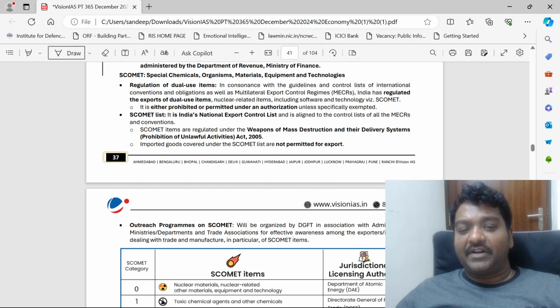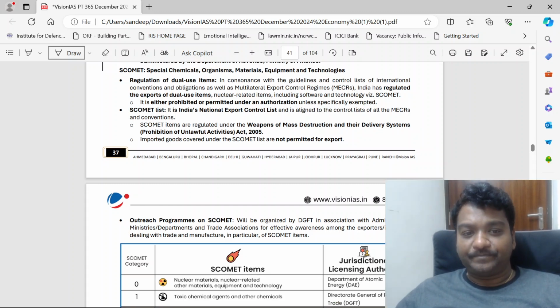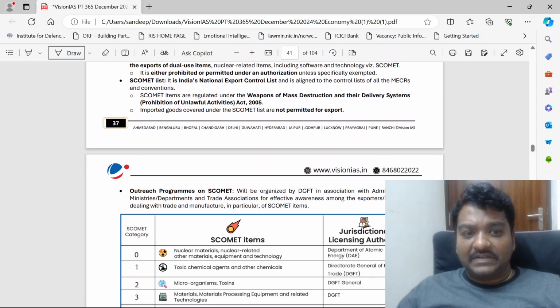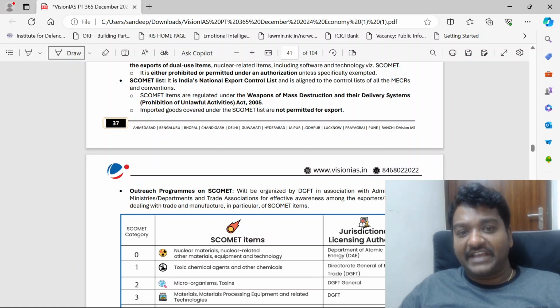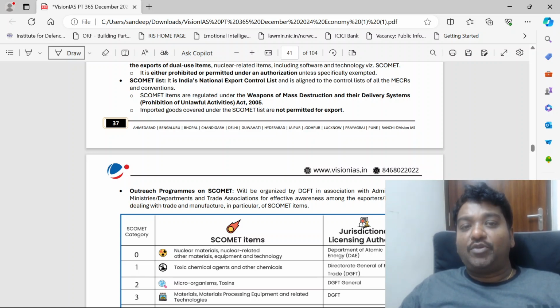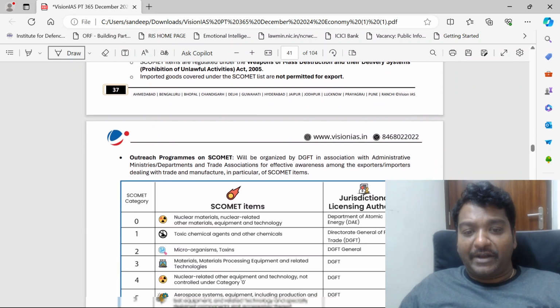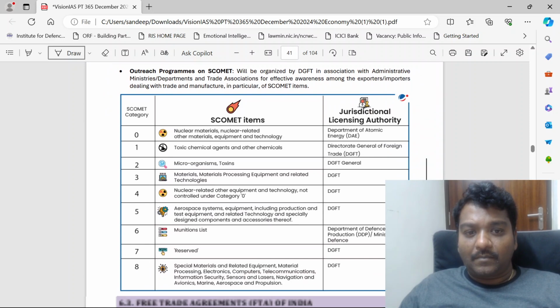Imported goods covered under the SCOMET list are not permitted for export. Okay, this is very important, guys. They are regulated under Weapons of Mass Destruction and their Delivery Systems Act 2005. This can be asked. Imported goods covered under the SCOMET list are not permitted for export. This is another important thing. Outreach programs on SCOMET. Okay, these are the things, guys.